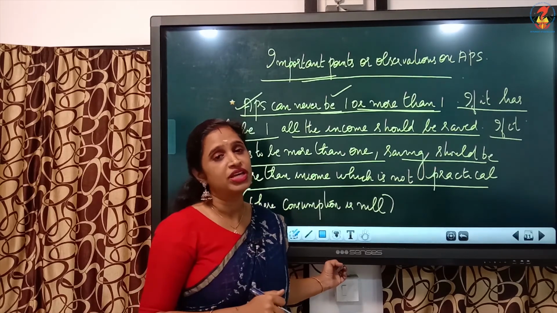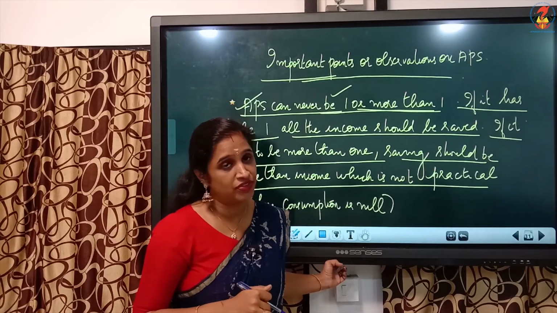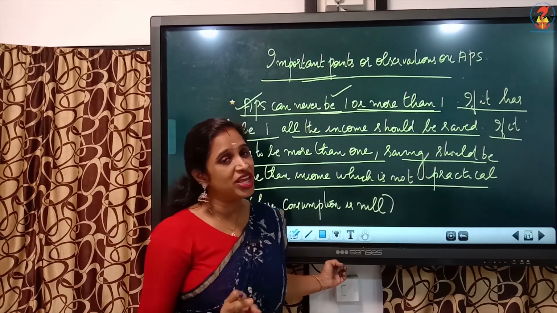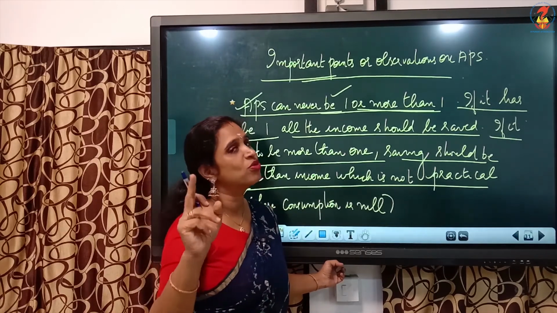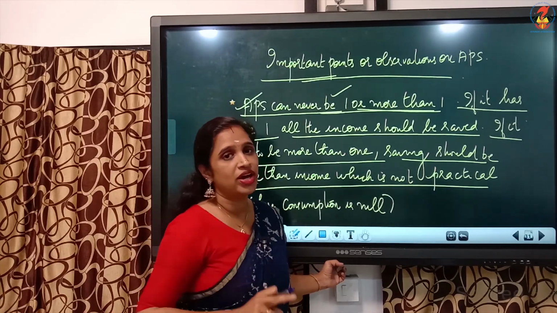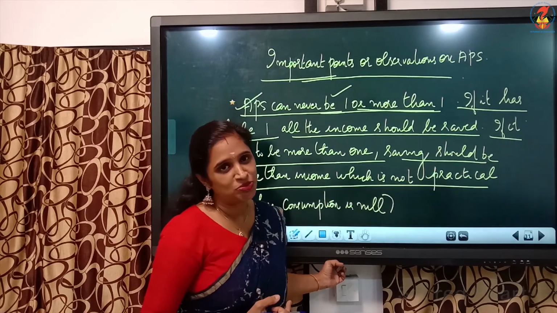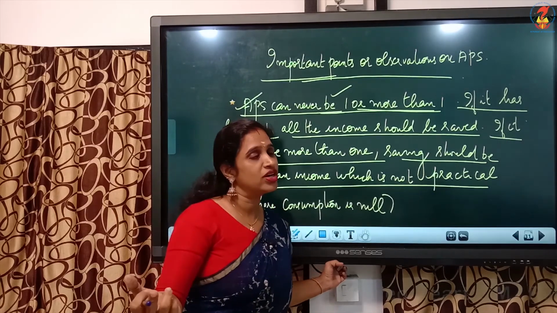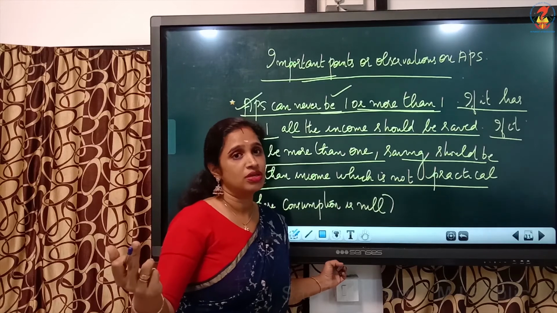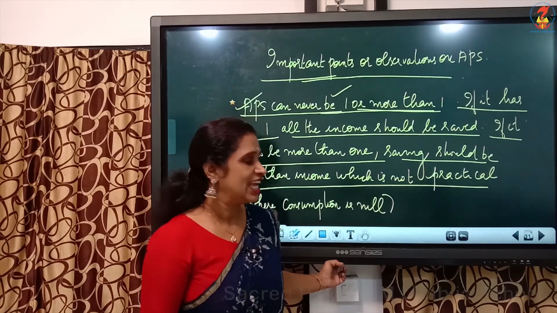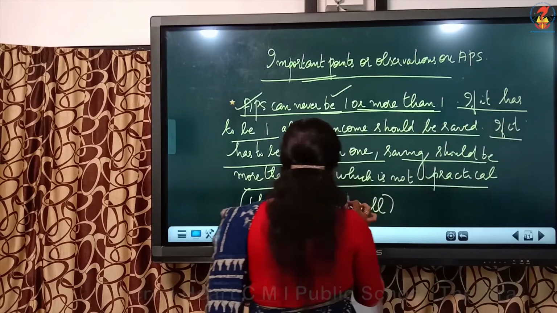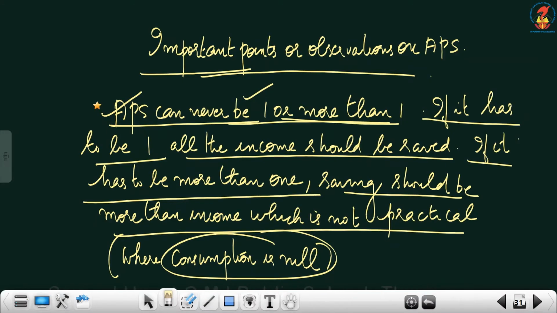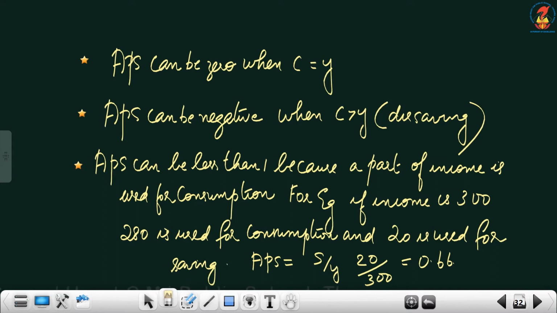People cannot live in the economy without consumption. Therefore, APS cannot be one or more than one. It cannot be one, because all the income cannot be saved. It cannot be more than one, because saving cannot be more than the income. It is not possible, because then consumption will be nil. It is not a possible situation.